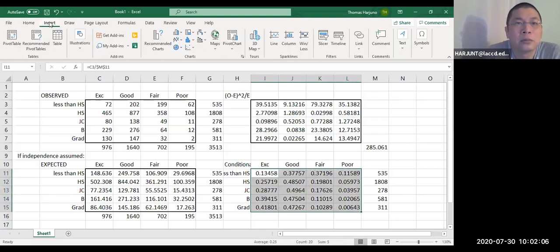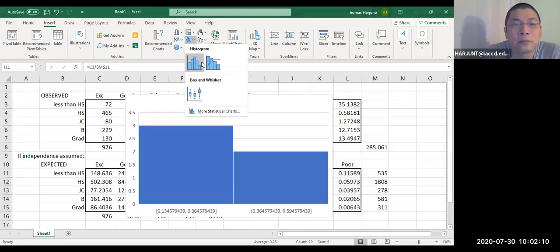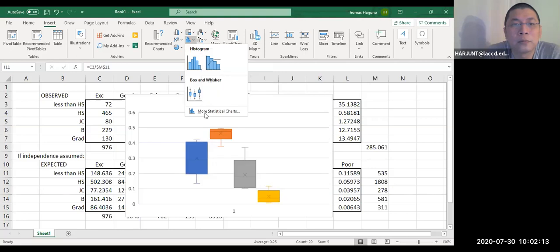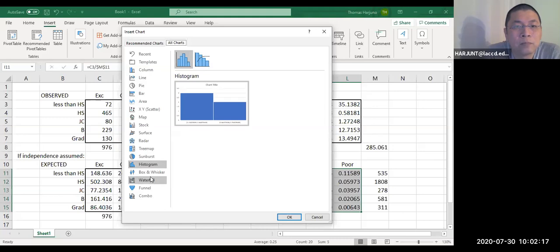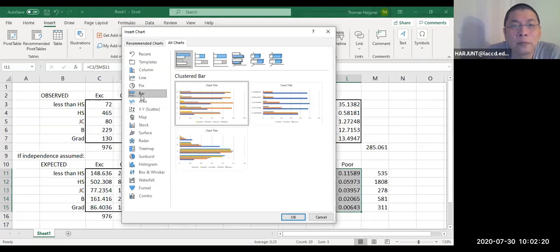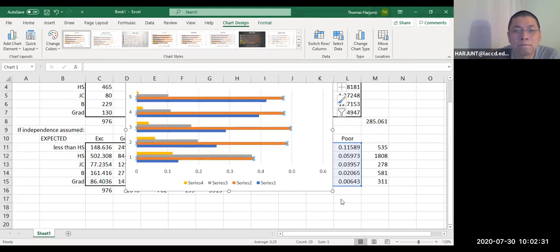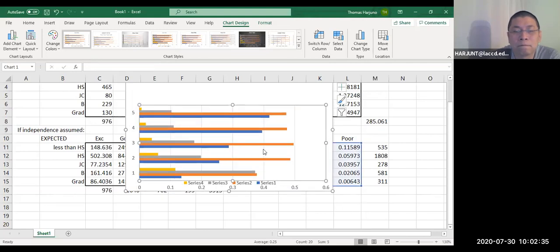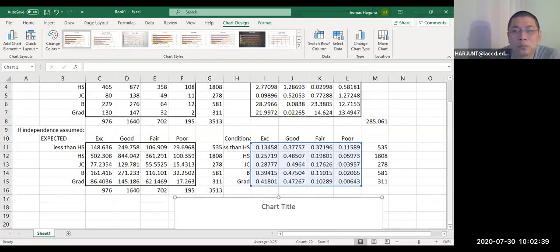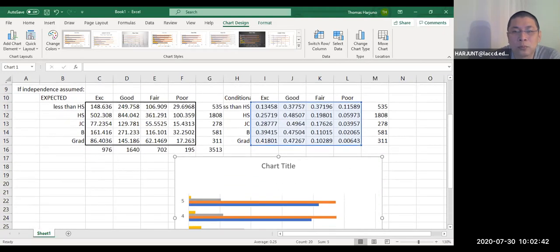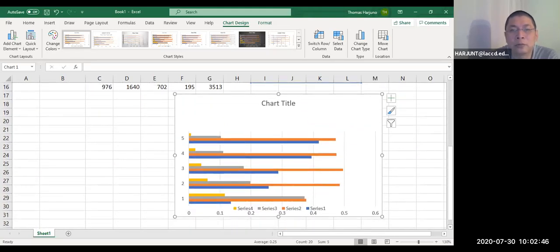Can I? That's what it looks like. It breaks it up for you right away with these 4 classes: good, poor, good, excellent, right?